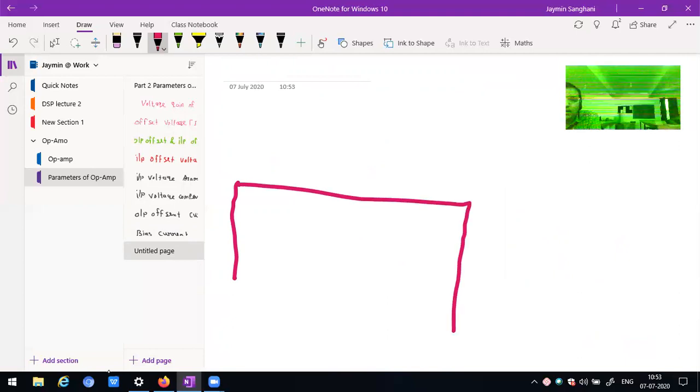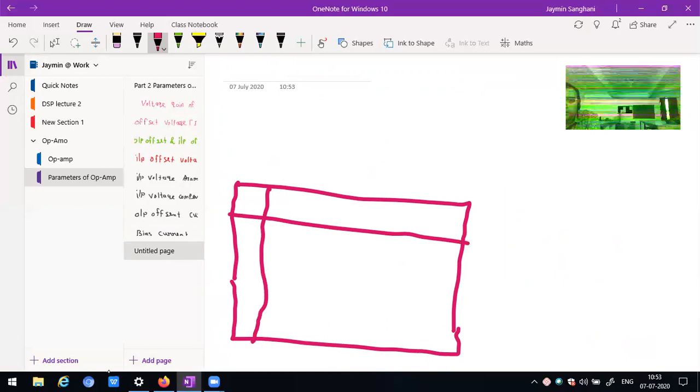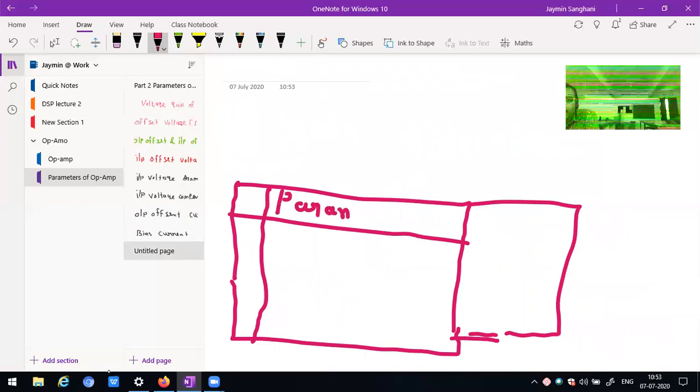Now I have drawn one table which indicates all the parameters discussed up till now. See this. First of all, the serial number, then the parameter, and then the ideal value and practical value.